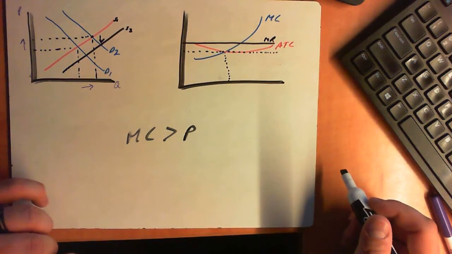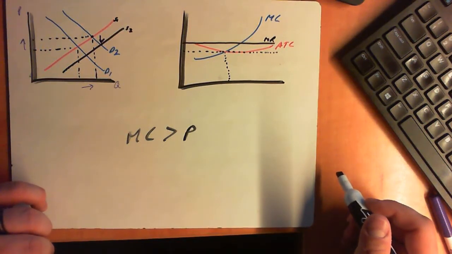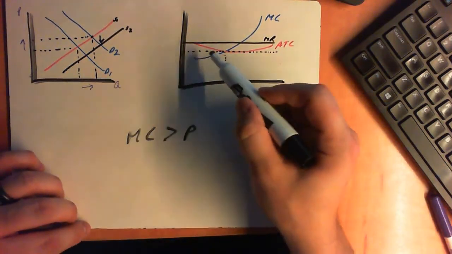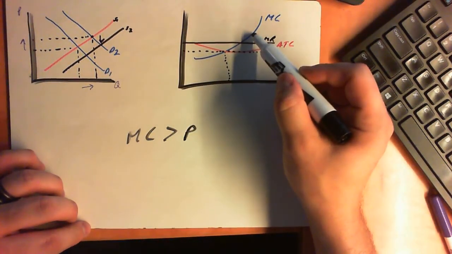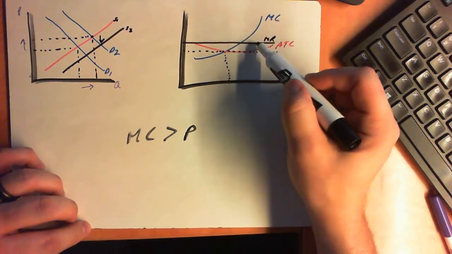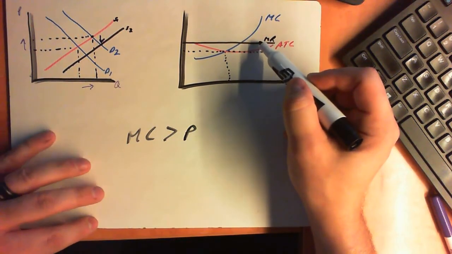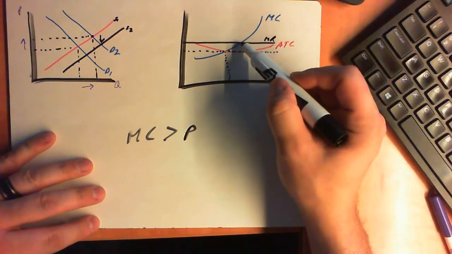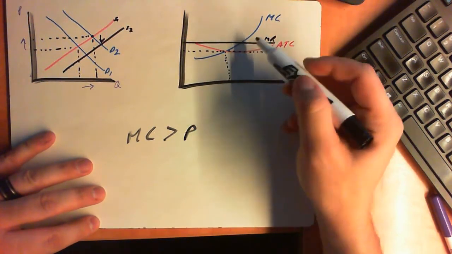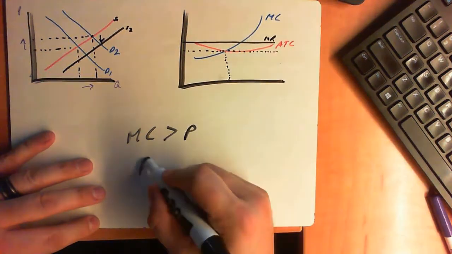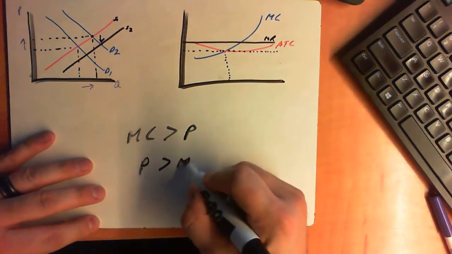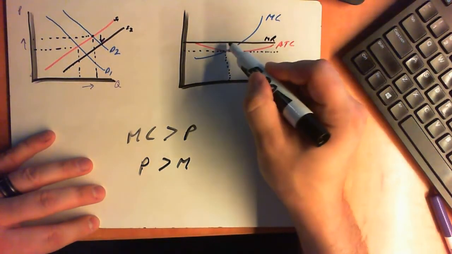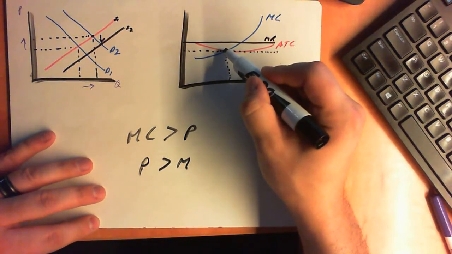But in this instance, it means they're producing too much. They're producing too far along this marginal cost line, so that their marginal cost is exceeding their marginal revenue. So they need to produce less to get back to marginal revenue. Now, in the opposite case, say their price is higher than their marginal cost, so they're producing over here, where their marginal revenue is exceeding their marginal cost.